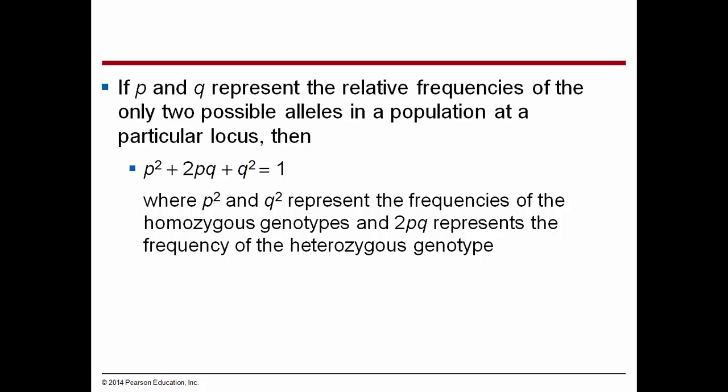If P and Q represent the relative frequencies of the only two possible alleles in a population at a particular locus, then P squared plus 2PQ plus Q squared equals 1. Where P squared and Q squared represent the frequencies of the homozygous genotypes, and 2PQ represents the frequency of the heterozygous genotype.